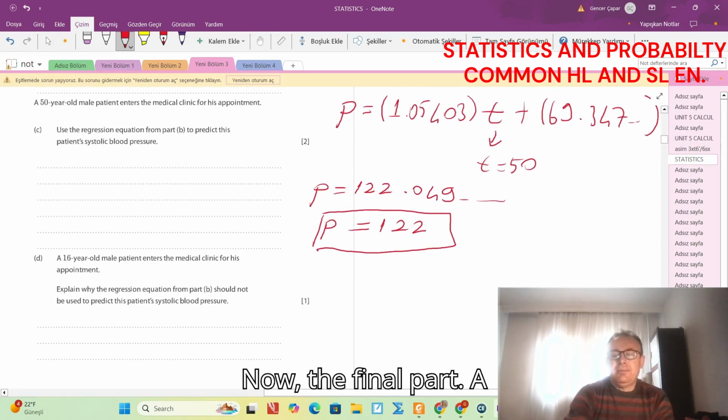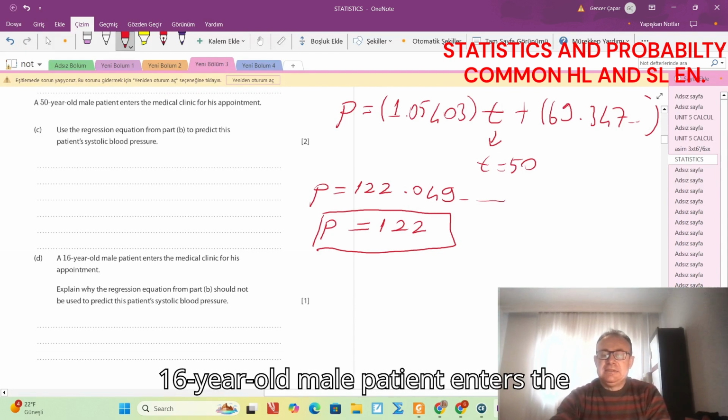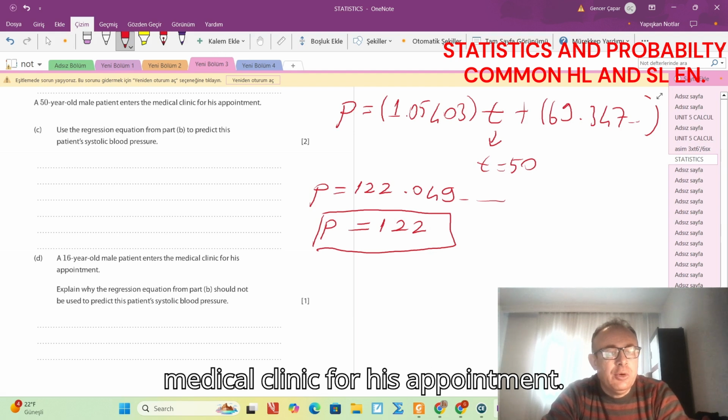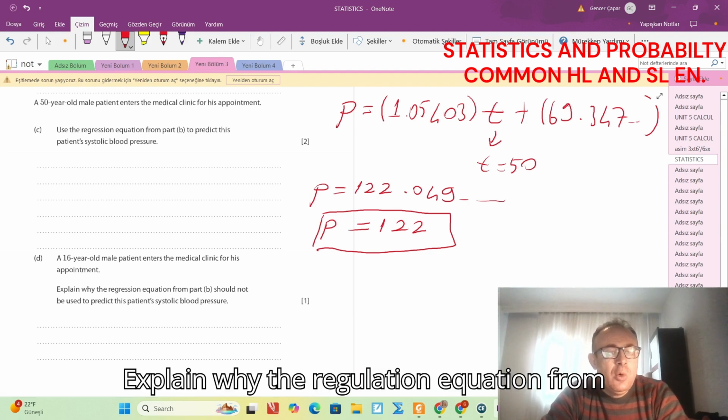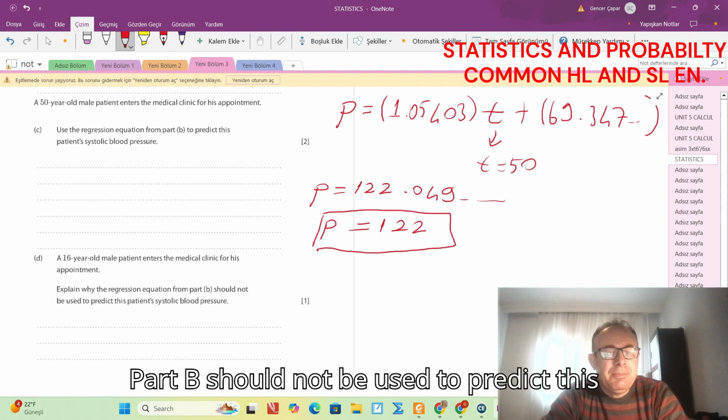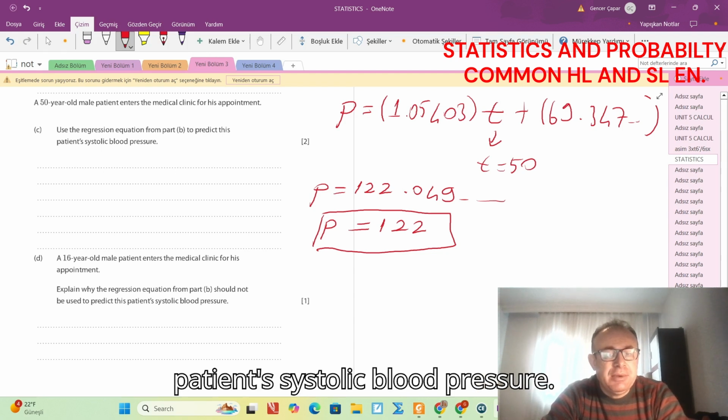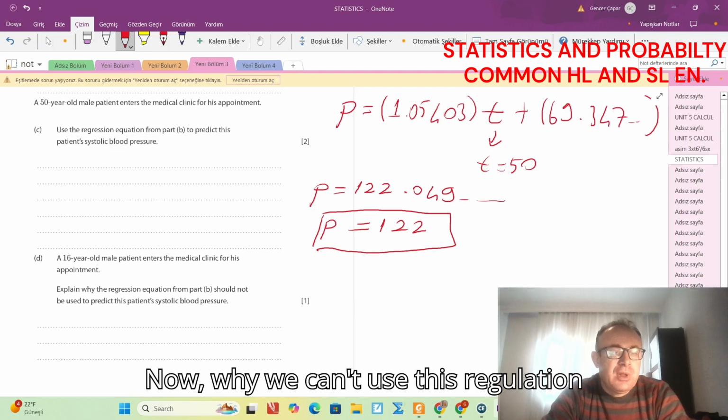Now, the final part. A 16-year-old male patient enters the medical clinic for his appointment. Explain why the regression equation from part B should not be used to predict this patient's systolic blood pressure. Now, why can't we use this regression equation?